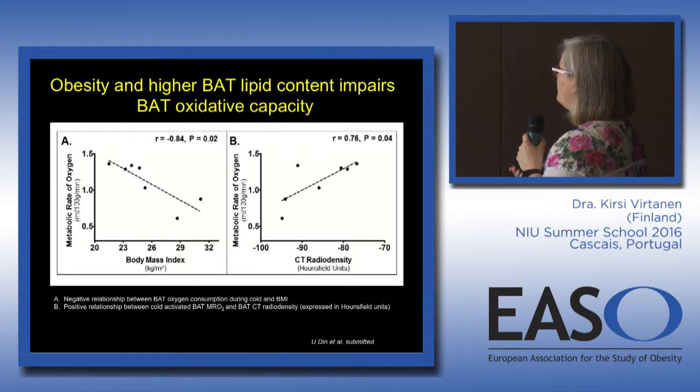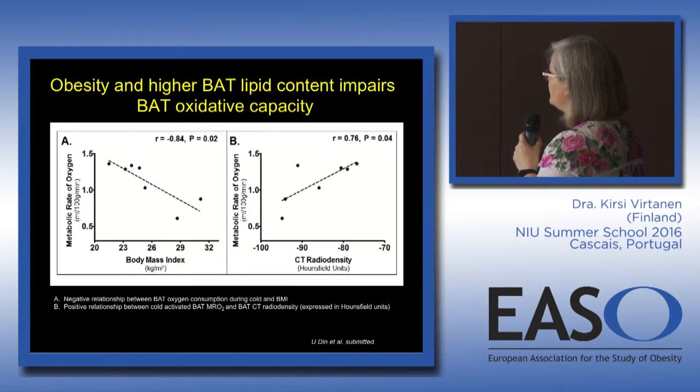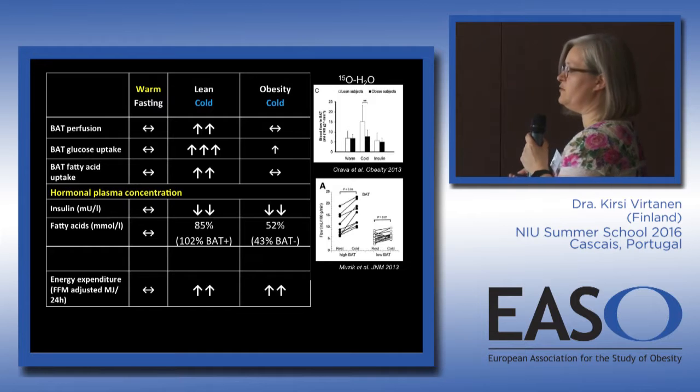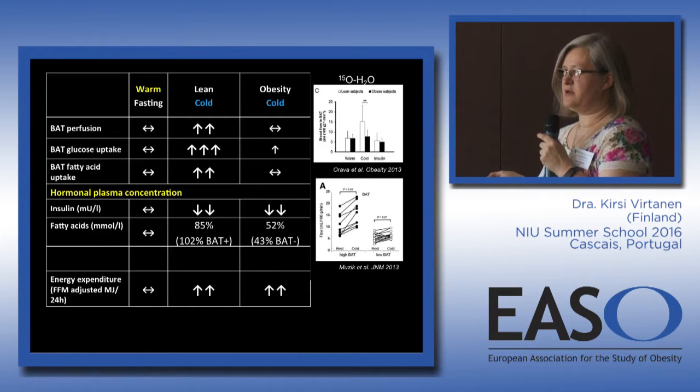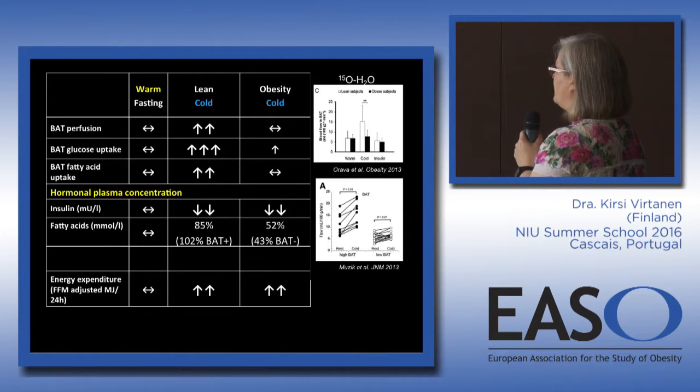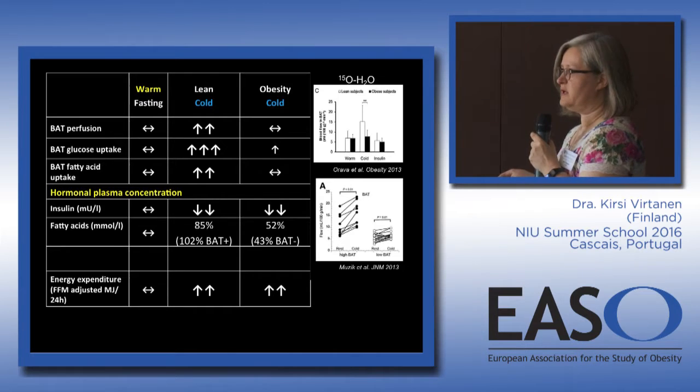So overall metabolic function is decreased in obesity, and blood flow as such is decreased as well. But this increase by cold can still be seen in subjects. If you are lean and you don't have detectable brown adipose tissue, you still may be able to increase your blood flow in the brown fat area.